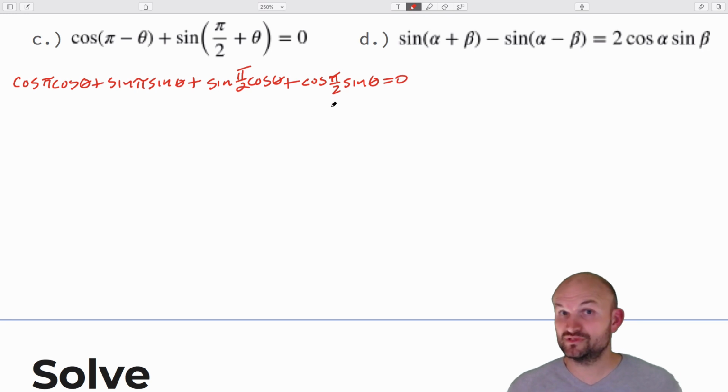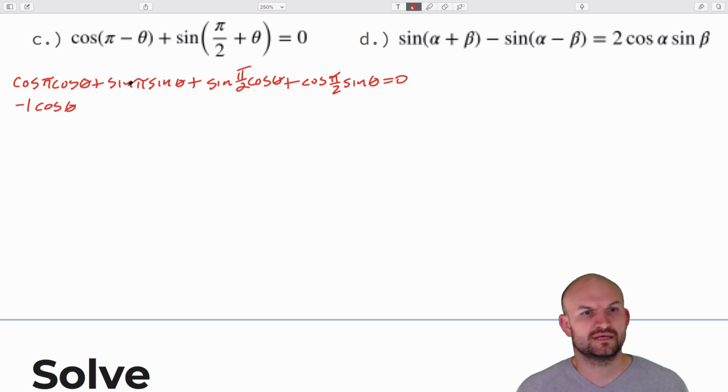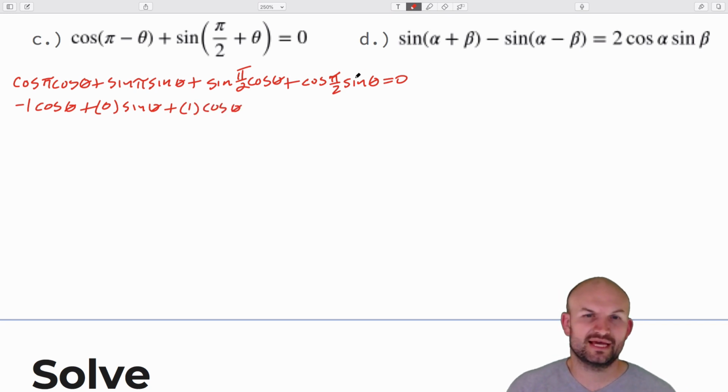And this is supposed to equal 0, by the way. So cosine of pi is negative 1. Sine of pi is going to be 0. And then we have sine of pi halves, which is going to be 1. And then cosine of pi halves is going to be 0.